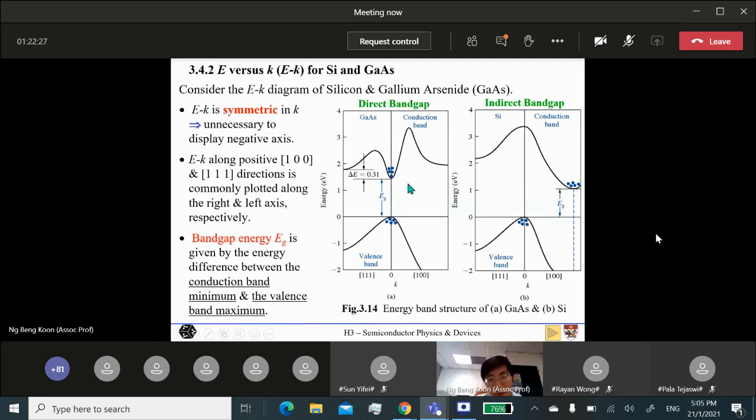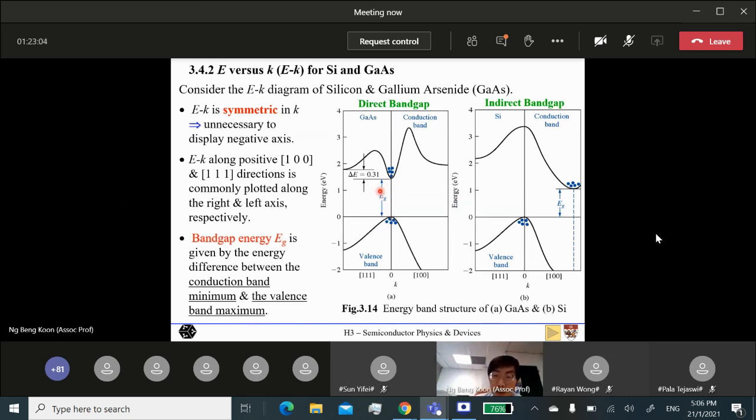Now, what about momentum? Before the process, the momentum in this case is at k equals 0. After the transition, when it comes down to the valence band, to this point here, the k value is the same, which means the k value doesn't change. What is the k value? It is like a momentum quantity. So for a direct bandgap semiconductor, going from conduction to valence band, the momentum doesn't change, which means it's automatically conserved.